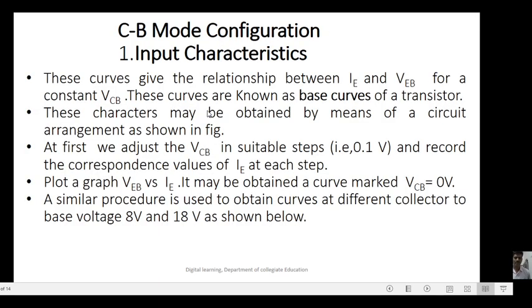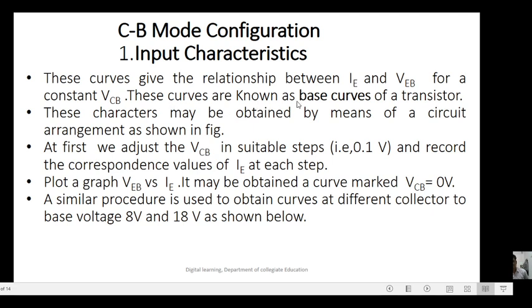CB mode configuration, input characteristics. First of all, we are going to explain the input characteristics of the NPN transistor. These curves give the relationship between emitter current IE and VEB. VEB is the voltage across emitter and base, for a constant VCB, the voltage across collector and base.